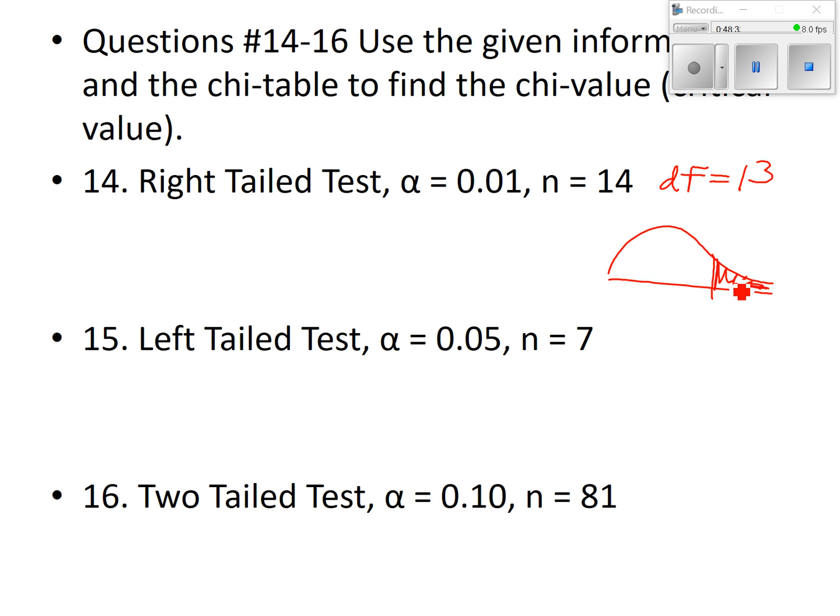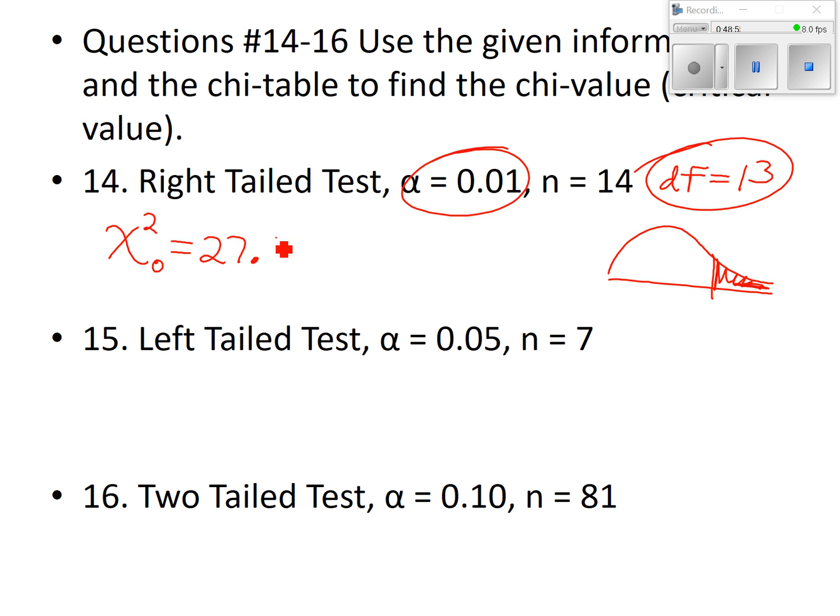Left-tailed, it's the one where we've got to subtract. Two-tailed, we've got to divide by 2 and subtract from 1, and so on. So on this one, for 0.01 and our DF, what's that giving us? 688. So that's our critical value. Remember, whether it's Z, T, or chi, you put that O down there, that's showing you that it's your critical value.